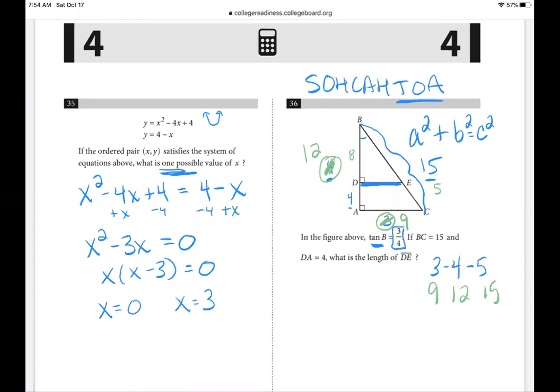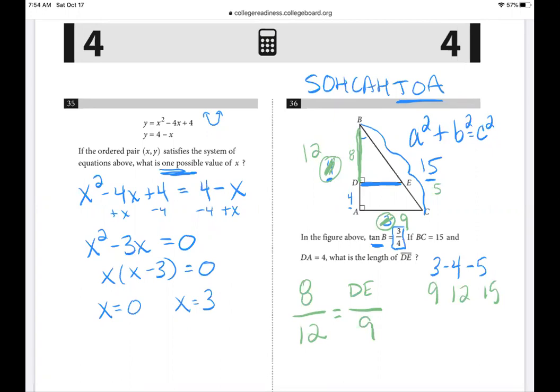Luckily, these two right triangles are going to be proportional. So I'm going to take my 8 for this section right here of the smaller triangle to the 12, the same side of the larger triangle, has to be equal to DE, the bottom of the smaller triangle, which is what I'm trying to find, to the bottom of the larger triangle, 9.